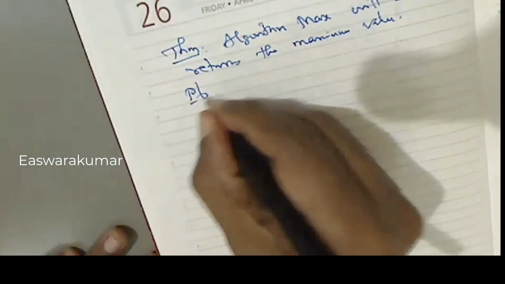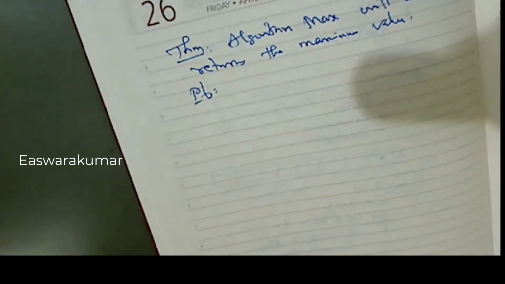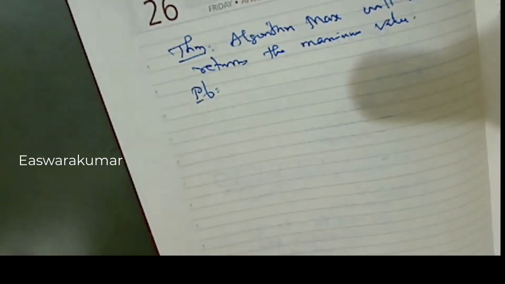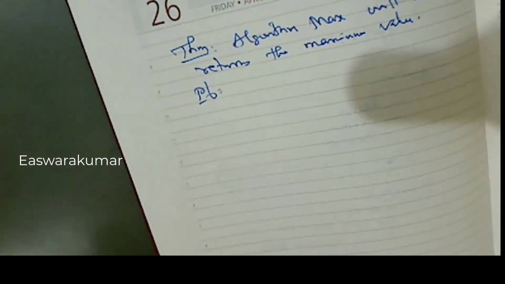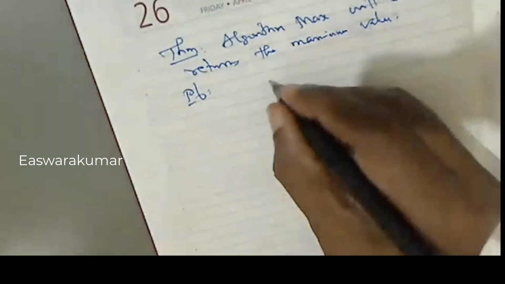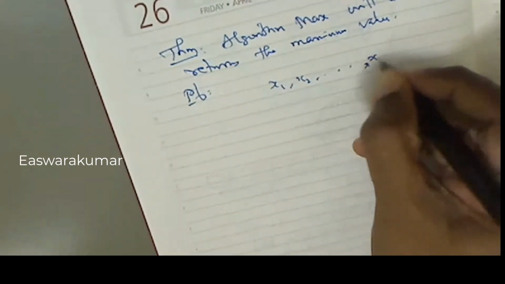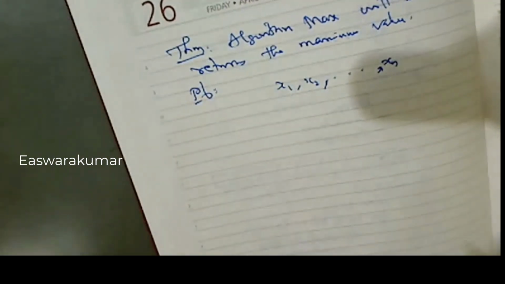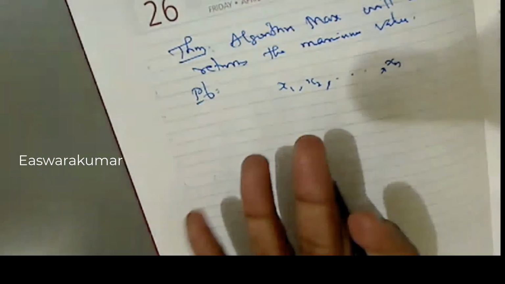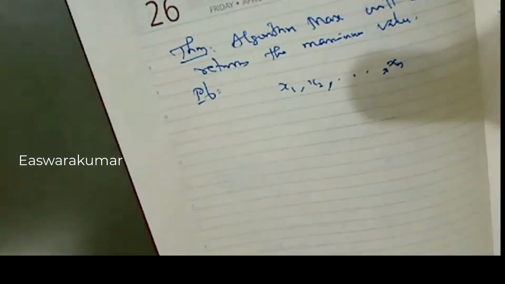Now the proof. Theoretically I have to prove that it will give the maximum value. What the algorithm returns, we do not know. We assume that the n elements are something like x1, x2, etc., xn. We can assume like that because these are all variables; we can give different values, right? The actual values will be something different.